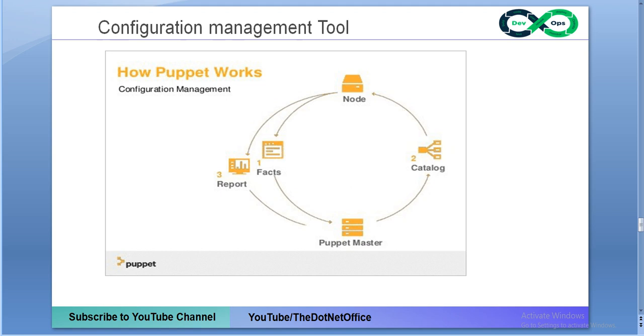So these are the configuration tools. They allow us to solve the issue, as we can centralize the code. So we are going to talk about how Puppet works as configuration management in DevOps.